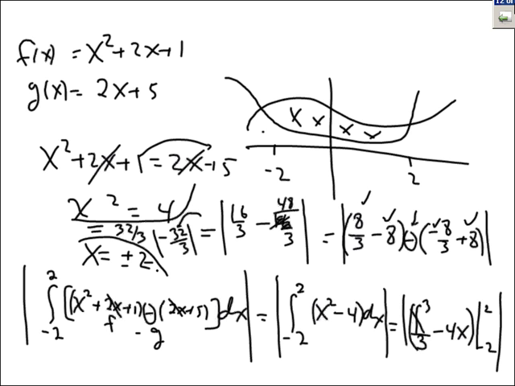I'm saying it doesn't matter, because if I do it backwards, I'll get negative 32/3 instead of positive 32/3, so I'll just take absolute value bars. Notice we never graph the function. You integrate from one intersection point to another.